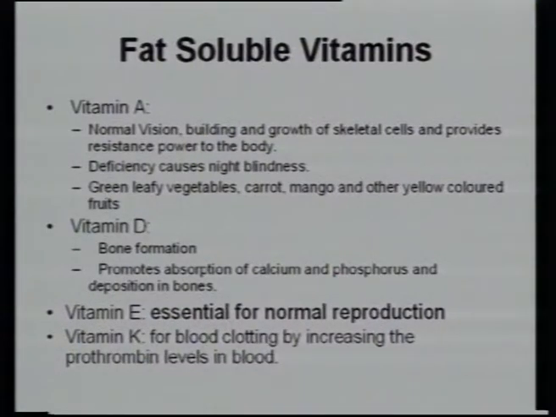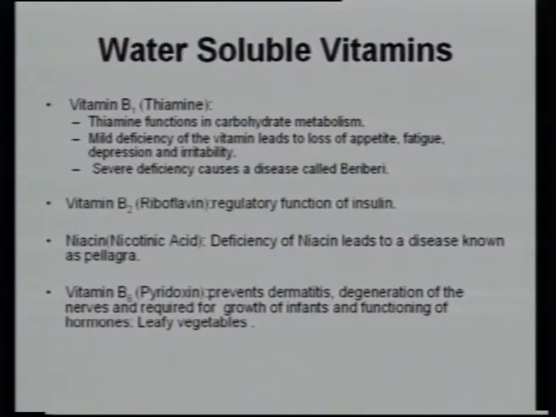Vitamin E is essential for normal reproduction, and vitamin K helps in blood clotting, because it increases the prothrombin level in the blood. Water soluble vitamins are there. Vitamin B1, thiamine, deficiency causes the disease known as beriberi. It is helpful for carbohydrate metabolism.